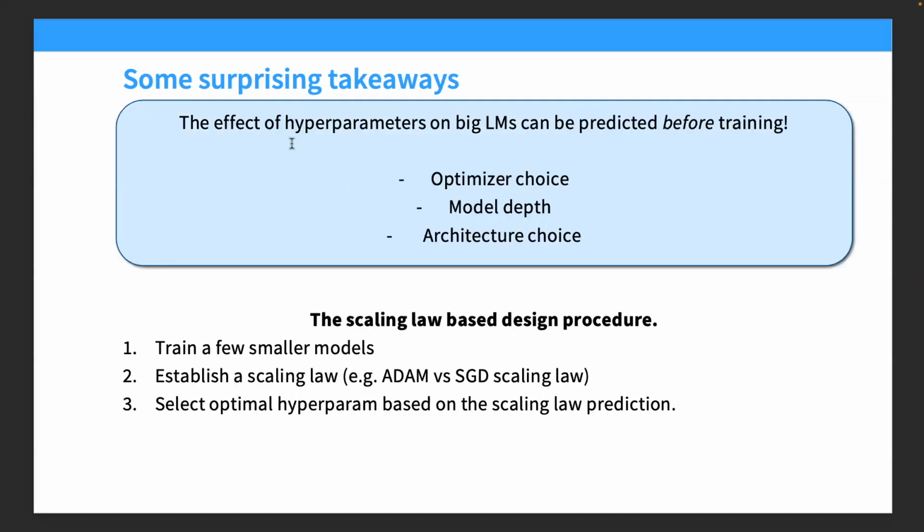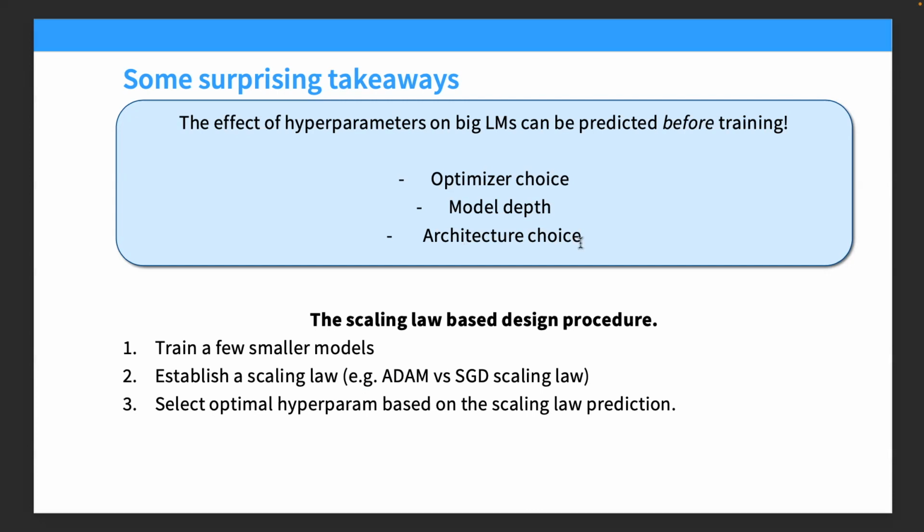People actually find that the effects of hyperparameters on big language models can be predicted even before you run the training, like what is the optimal optimizer, Adam or SGD. You can test these out in a smaller model, along with model depth and architecture choice.